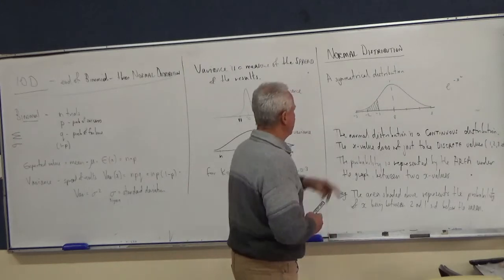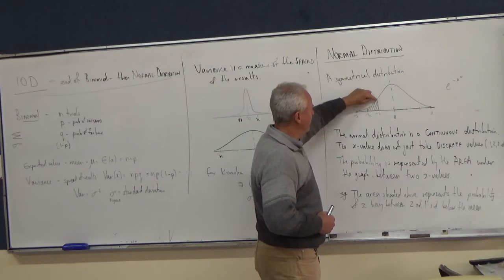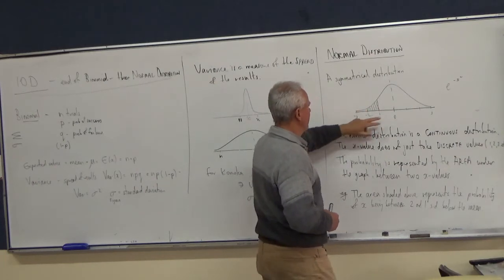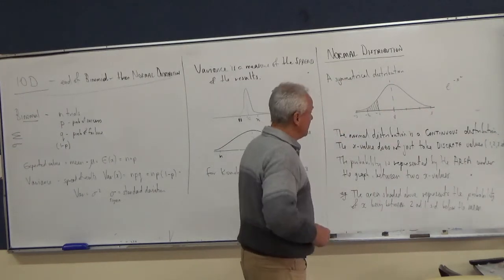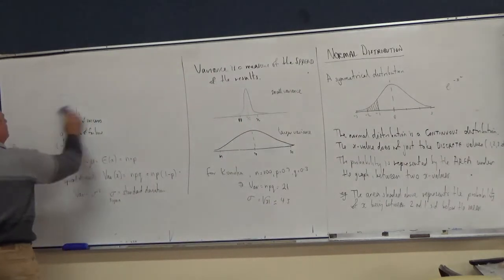So the area shaded here represents the probability that we're between 2 and 1 standard deviations below the mean. 1 standard deviation, 2, 3, plus 1, plus 2, plus 3. So clearly it's a symmetrical thing. So let's work that one out and then we'll talk a bit more about the normal distribution.